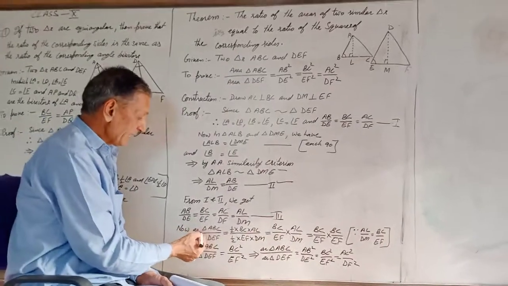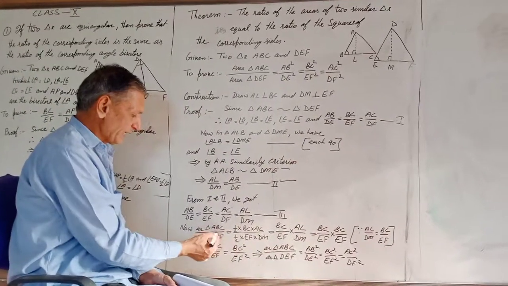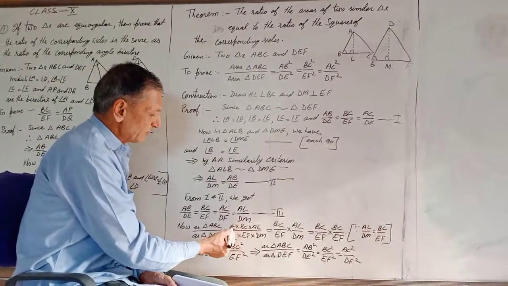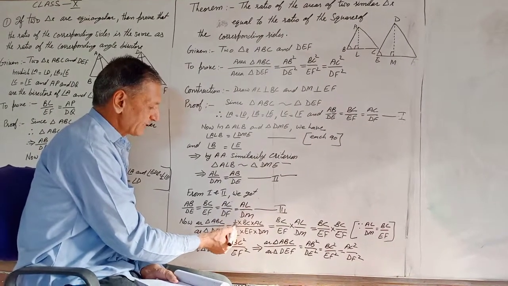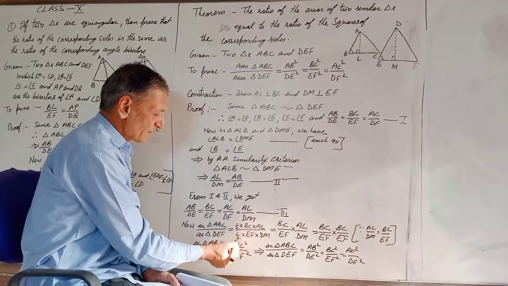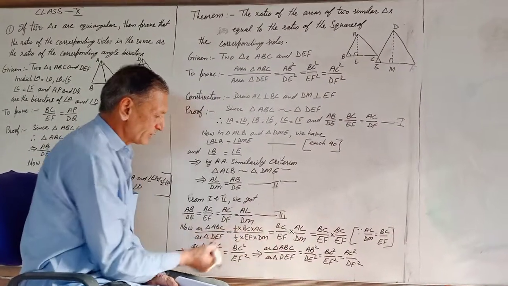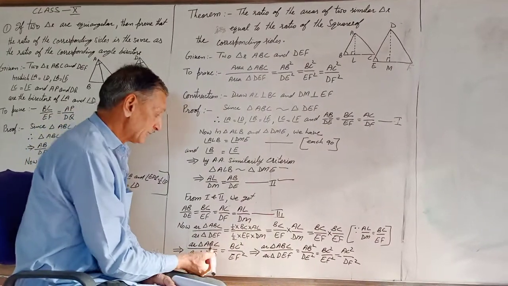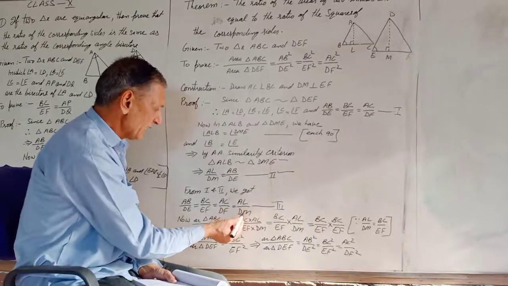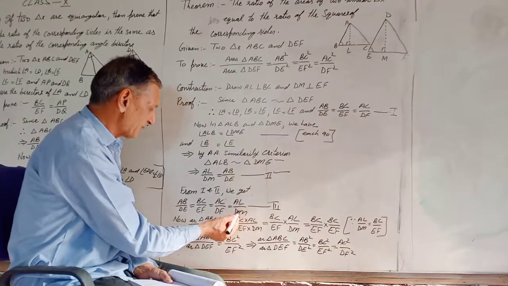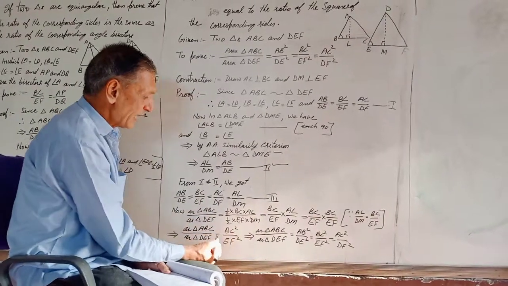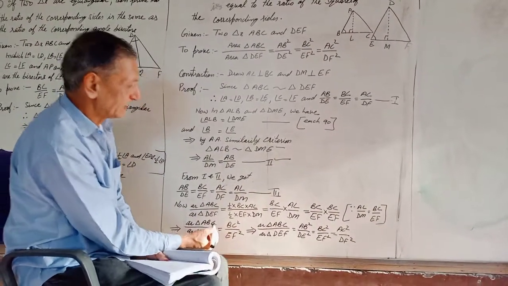Now area of triangle ABC upon area of triangle DEF, we know how to calculate the area of a triangle, that is half into base into altitude, half into base into altitude. Now see, AL upon DM can be replaced by BC upon EF, right?